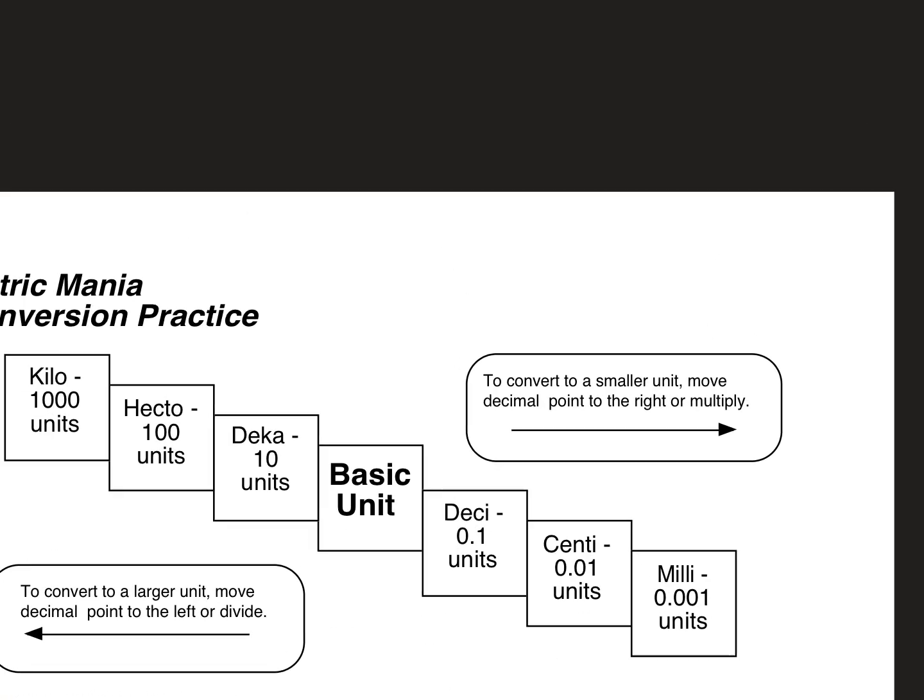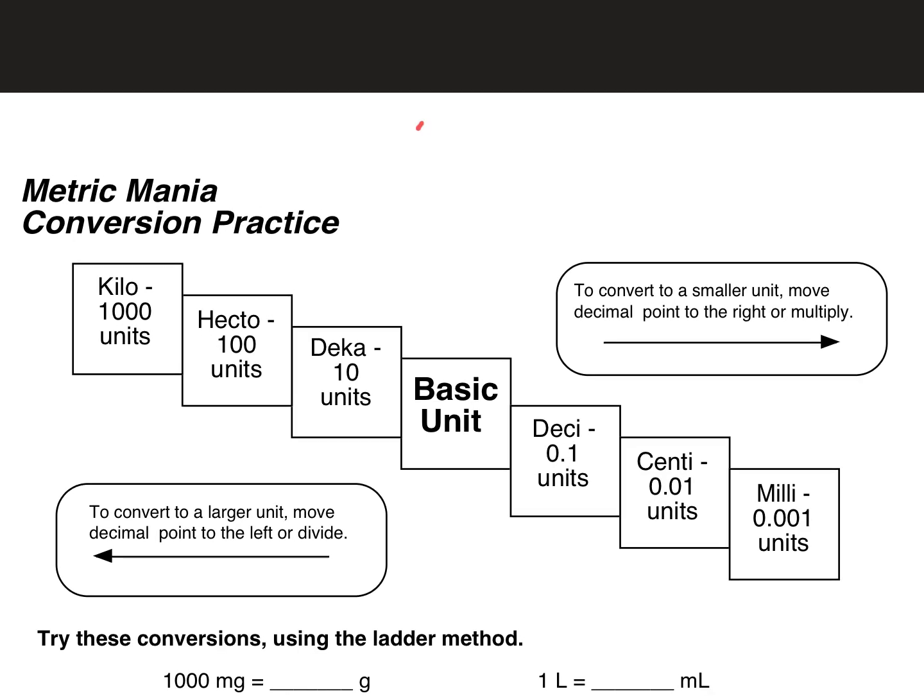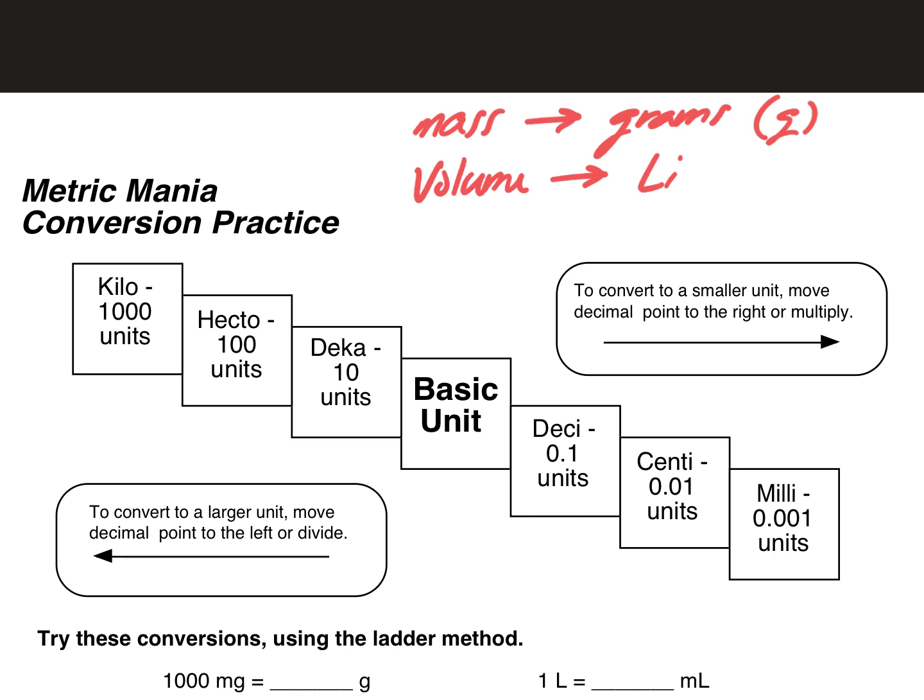In order to measure mass, we use grams, which is abbreviated with a lowercase g. Okay? For volume, we work with liters, which is a capital L abbreviation.